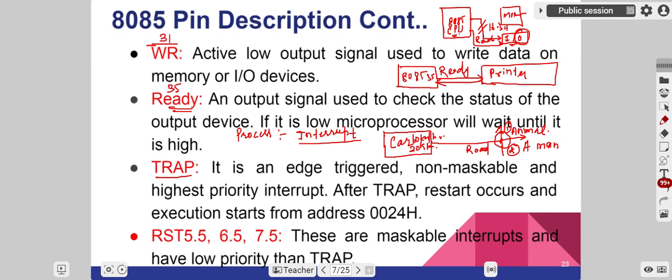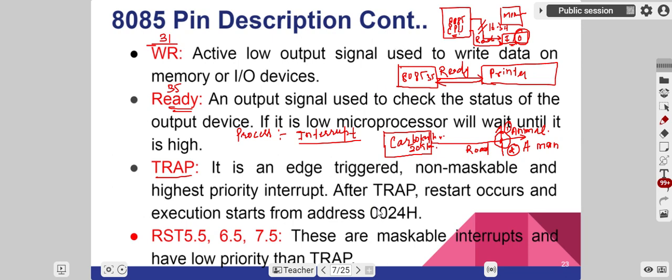These are called hardware interrupts. So pin number 6, pin number 7, 8, 9 and 10 are the hardware interrupts. On the other hand, pin number 11, INTA bar, is the acknowledgement for these interrupts.